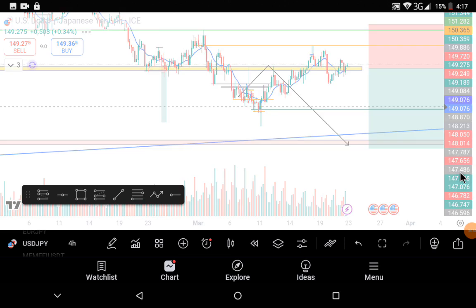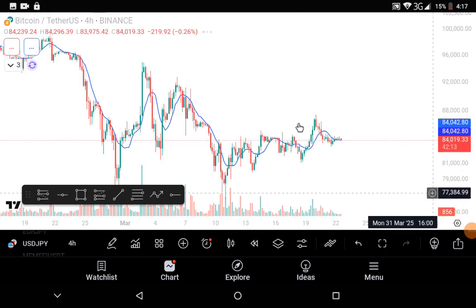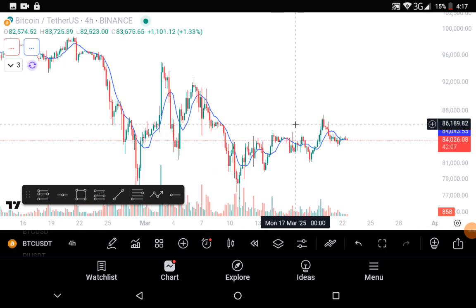So this is Bitcoin. I think I did analysis on Bitcoin. I don't know if it's on this market. If it's not this one, then it should be maybe this one.